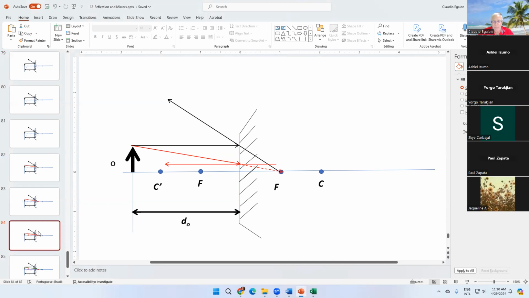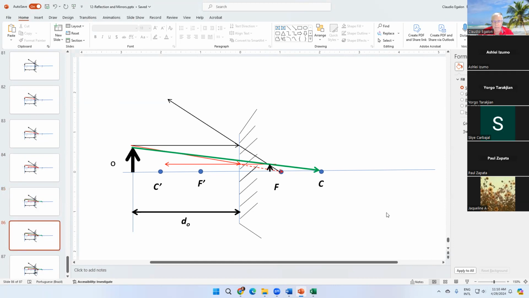We have to extend this light ray here, and the intersection of this light ray with the extended part of this other light ray tells me the position of the image. And here's the other light ray. It passes through the center of curvature, so it reflects back on itself.